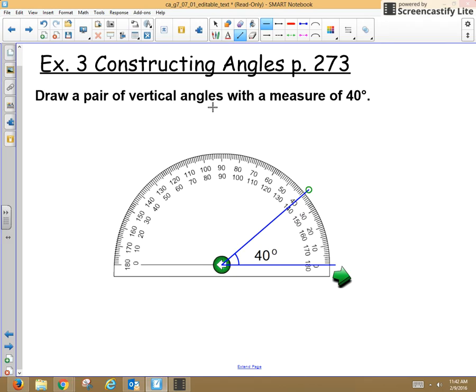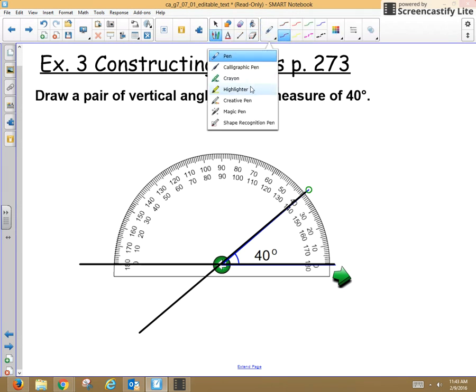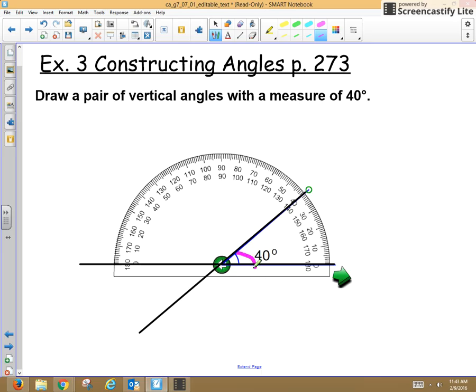Now it says draw a pair of vertical angles with this measure. So here I have one line that I'm going to extend, and then I have my other line that I'm going to extend. So you can see, pardon the bell, here is a 40-degree angle, and here is a 40-degree angle. On the opposite side, we know 40 plus a number equals a straight line, which is 180 degrees.